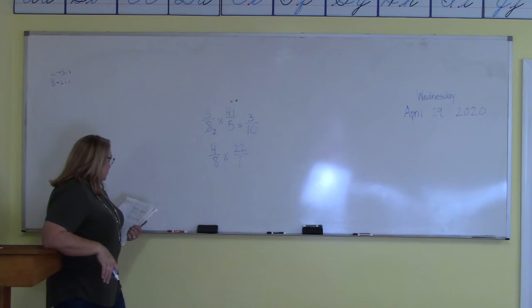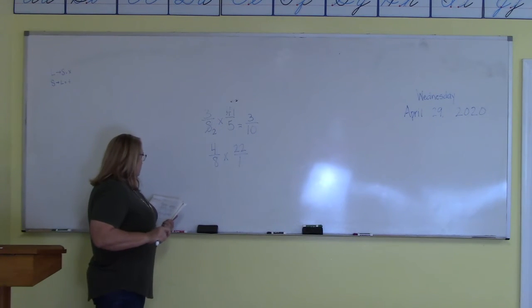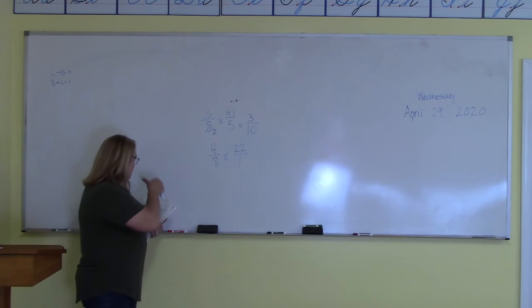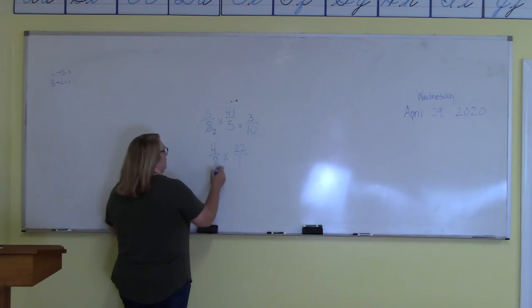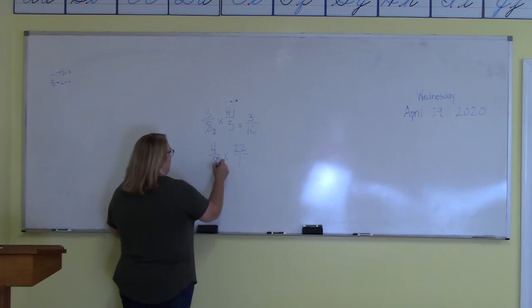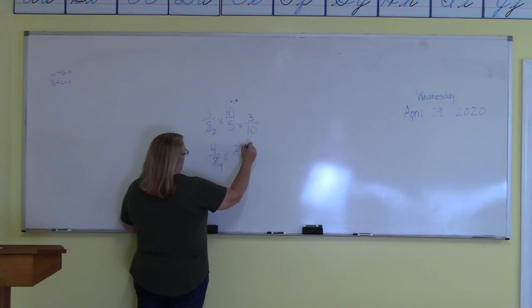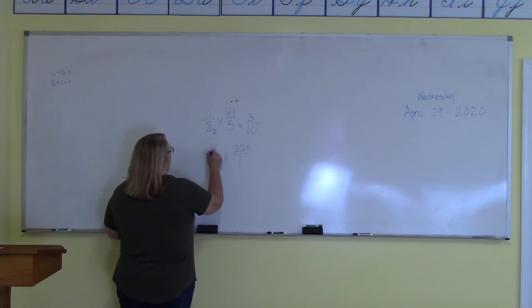4/8 times 22. Okay, if you divide by 2, 8 divided by 2 is 4. 22 divided by 2 is 11. You can divide 1 into here.